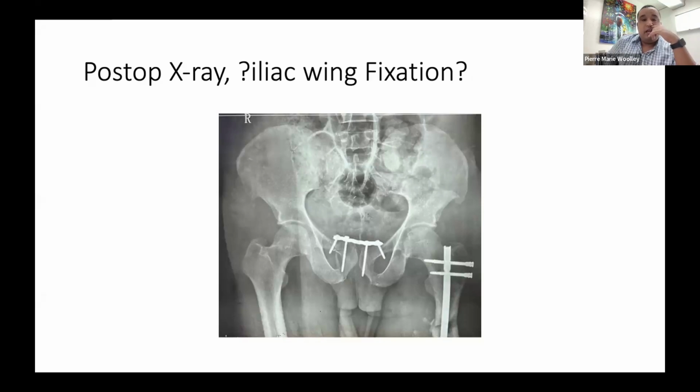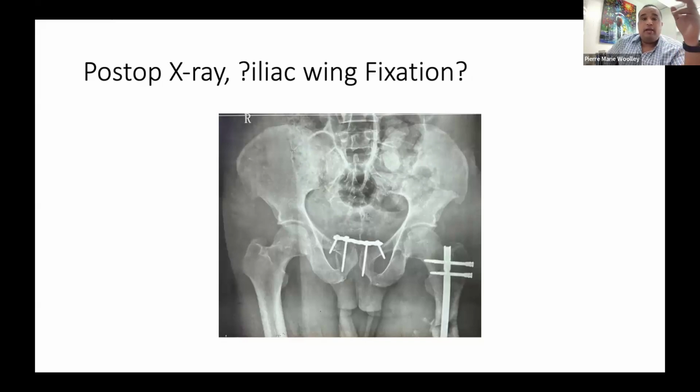If it's less and I don't have a CT scan, I would do a lateral window all the way up to the ASIS, go down and see how that iliac wing is, and then fix it any way I could. If it's a straight line, because it looks like it goes from the ASIS and then wants to go up, maybe that's me looking at the AP X-ray, and I can put a couple of screws, like Skyfer screws, or some type of plate plus 1 or 2 screws to fix that, I would.